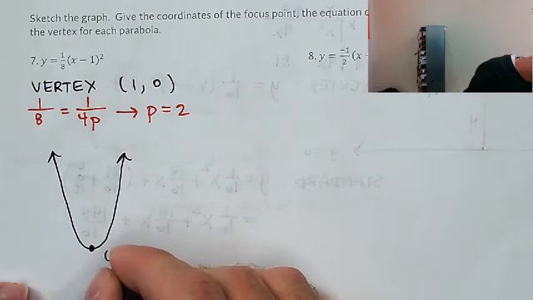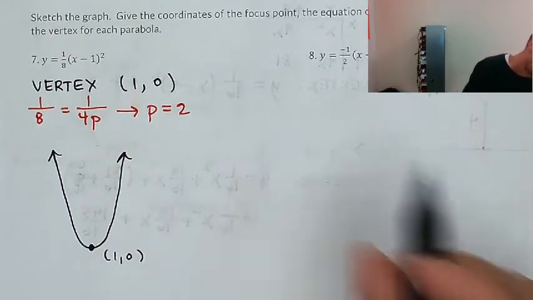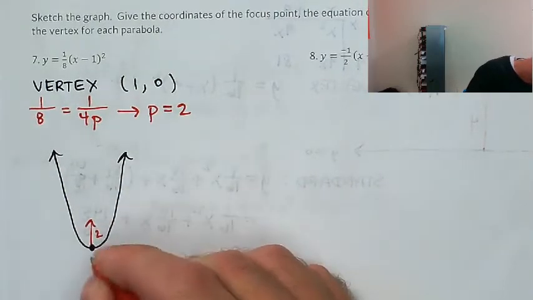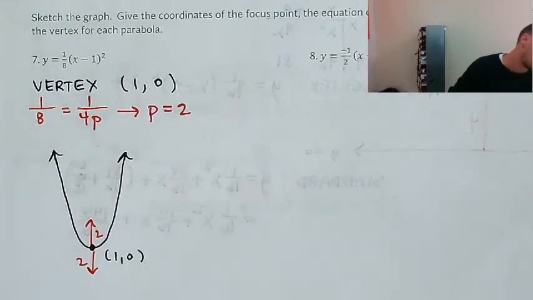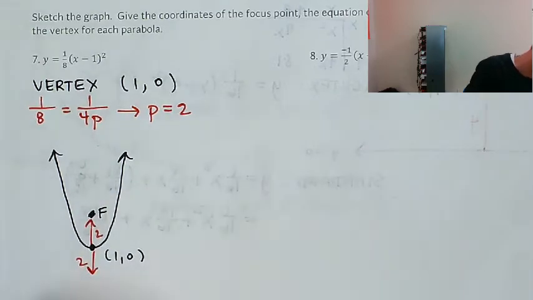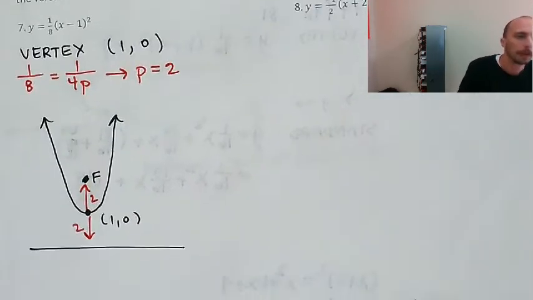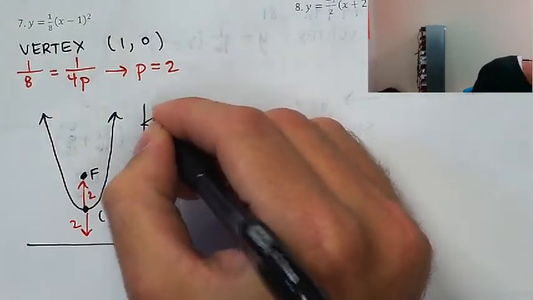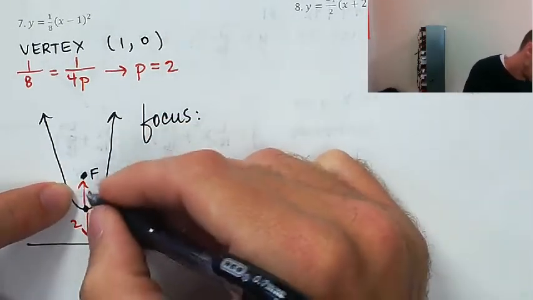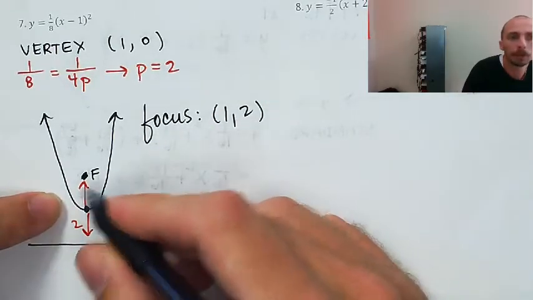And so this is x is 1 and y is 0, so it's on the x-axis. I know I'm going to go up by 2 to get the focus, and down by 2 to get the directrix. So the focus point is here, and the directrix would be there. The focus is going to be where x is 1 and y is 2, because I go from y equals 0 up by 2.